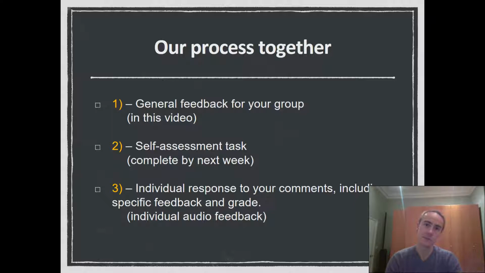So based on the comments and the things that you've said that you're going to work on in your self-assessment, I'll then come back to that and we'll compare our perspectives on the work. I will give you a grade at that point, and I will tell you why I think you've got the mark that you've got. And it's from there that we're going to carry on in this supportive process to improve your writing.